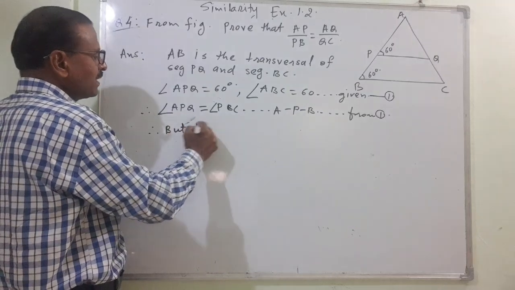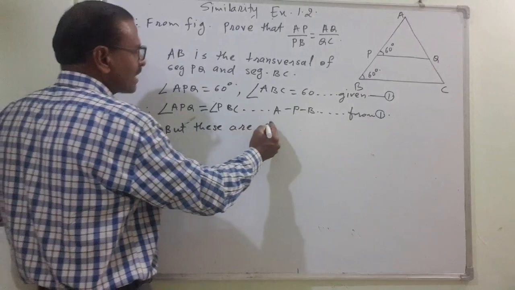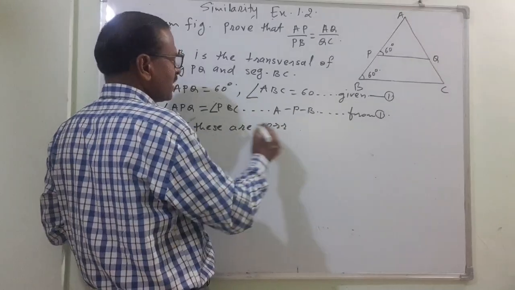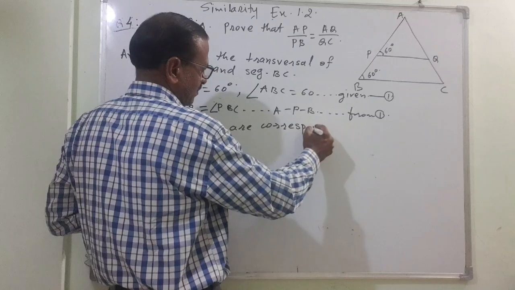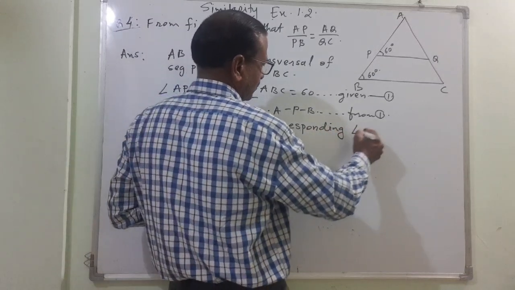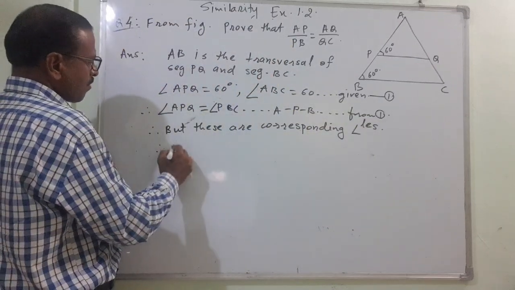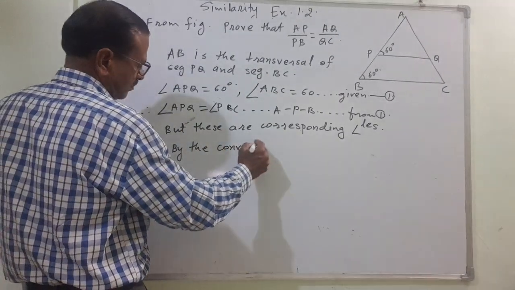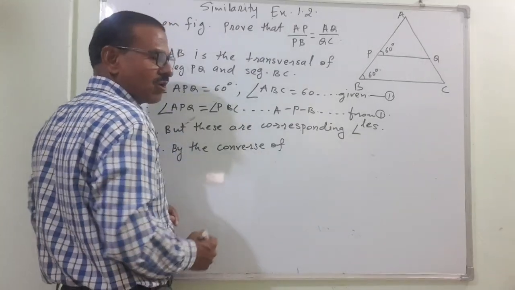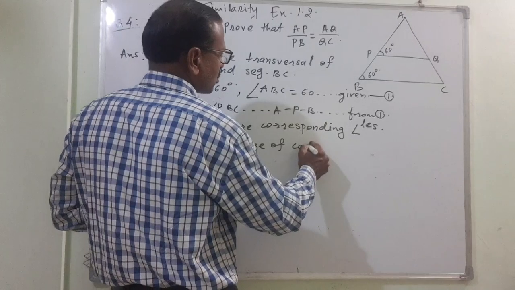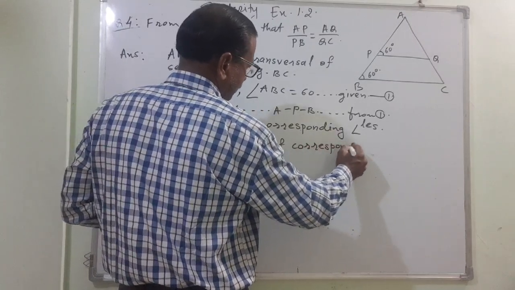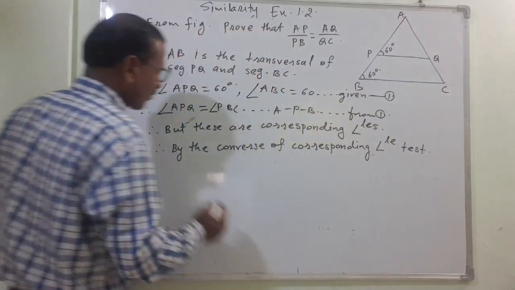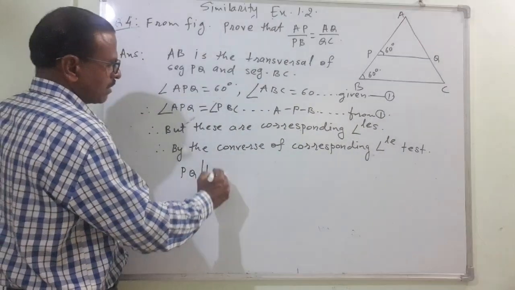If you don't write that these are corresponding angles, no problem, but we will write it. Therefore, by the converse of corresponding angle test, PQ is parallel to BC.